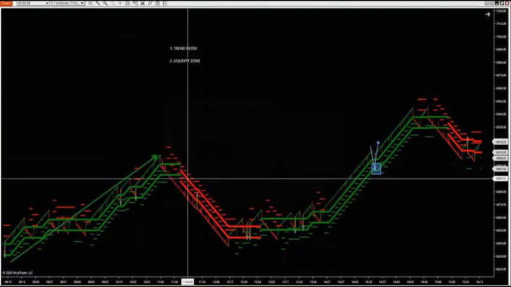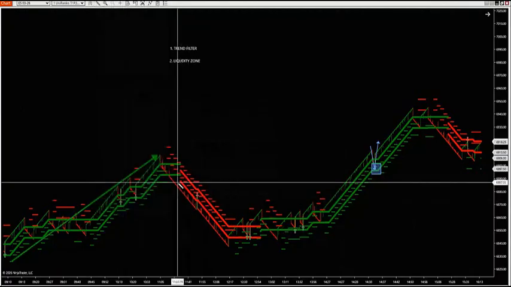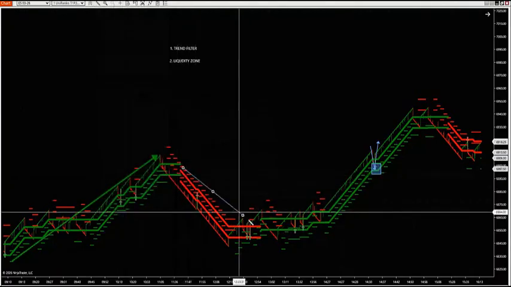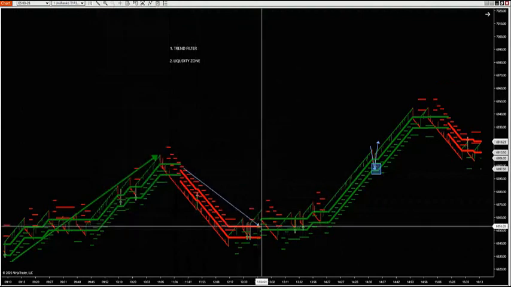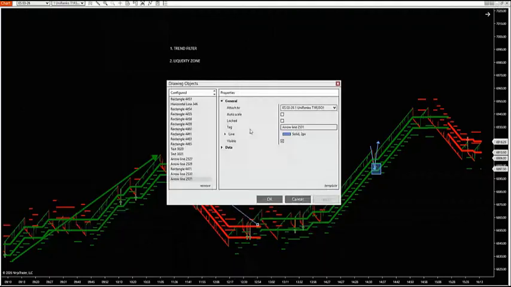The trend filter turned red. What they're trying to do is mark the market down from 11:30 until 1 o'clock in the afternoon. They're looking for sell side liquidity, and what you're going to do is look for liquidity grab shorts.